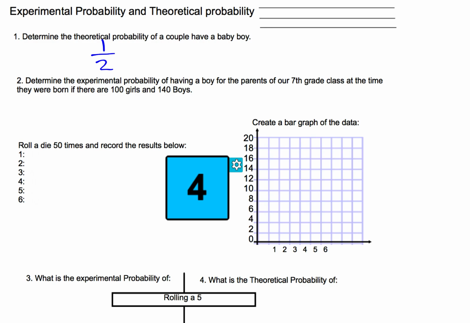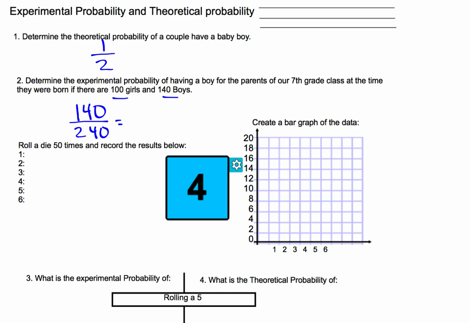Number 2, determine the experimental probability of having a boy for parents of the 7th grade class at the time they were born if there were 100 girls and 140 boys. All right, this is experimental probability, so it is based on the data. 100 girls, 140 boys. That's 140 boys compared to 240 students total.